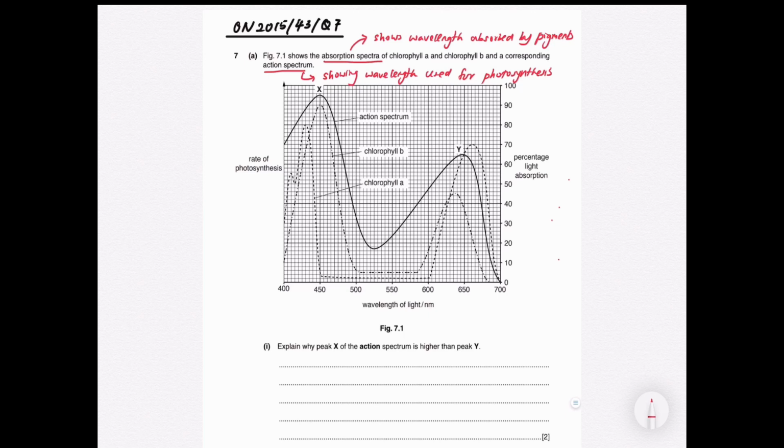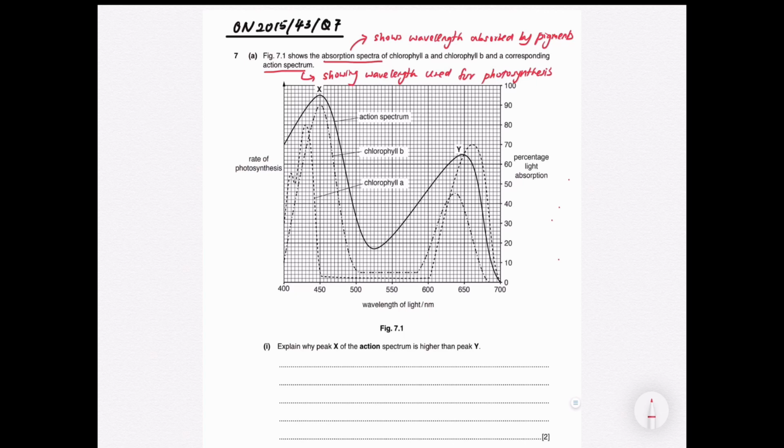So if you are answering a question on the absorption spectrum, you can only talk about the wavelengths absorbed by the pigments, and when you're answering about the action spectrum, you can only mention the rate of photosynthesis.